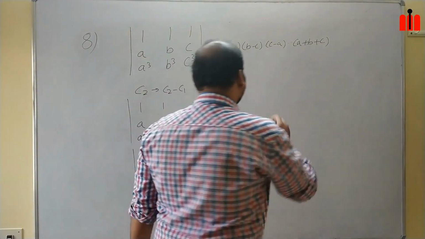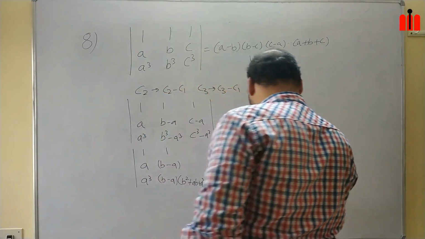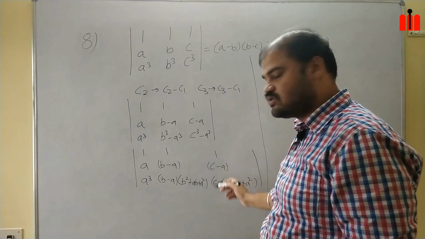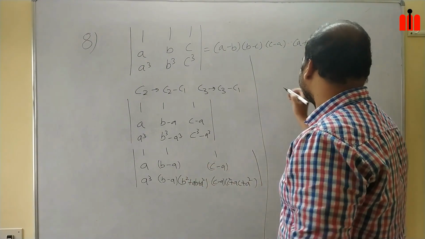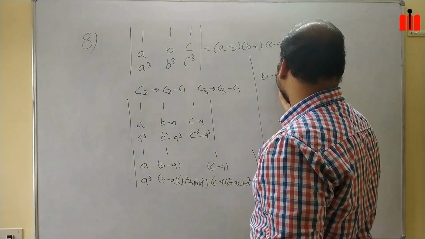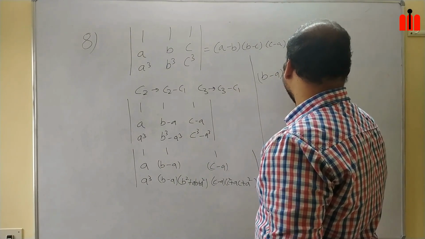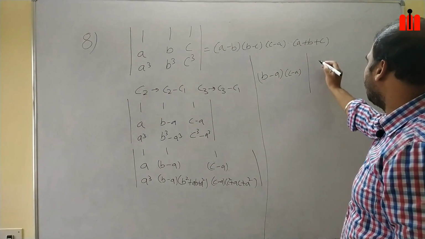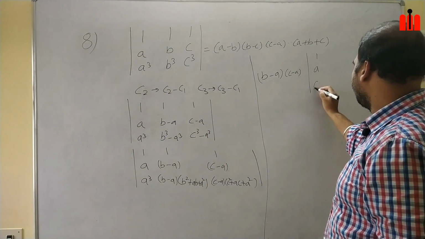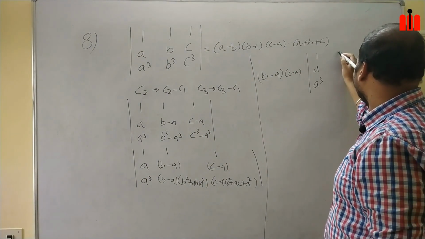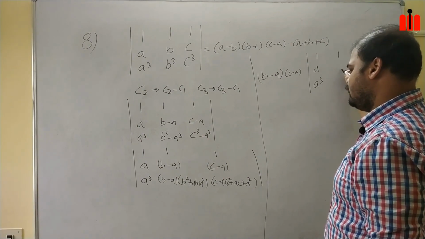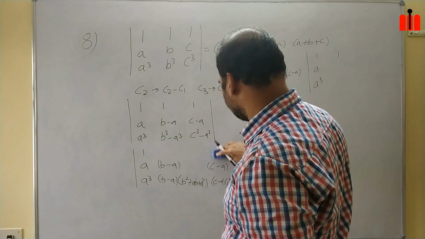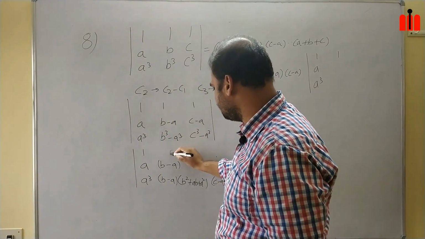Okay, now b minus a is common from this column and c minus a is common from this one. Let's take that out. So it will be b minus a and c minus a. Inside the determinant we will be having 1, a, a cube, 1, and sorry, here if you subtract it will become 0. 1 minus 1 will be 0.